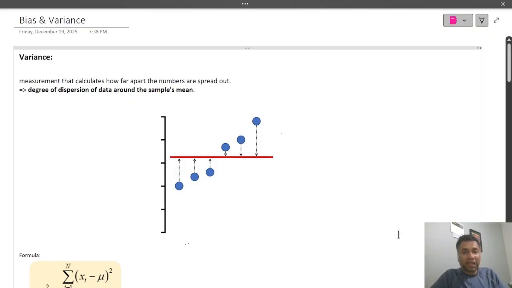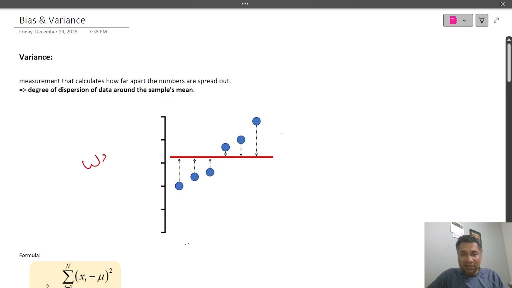Okay, so variance, it's simple. It's how the data is spread out. It just tells you how the data is spread out. If you look into this example, you see some data points, and there is a mean of this data. Let's say these are all weights.